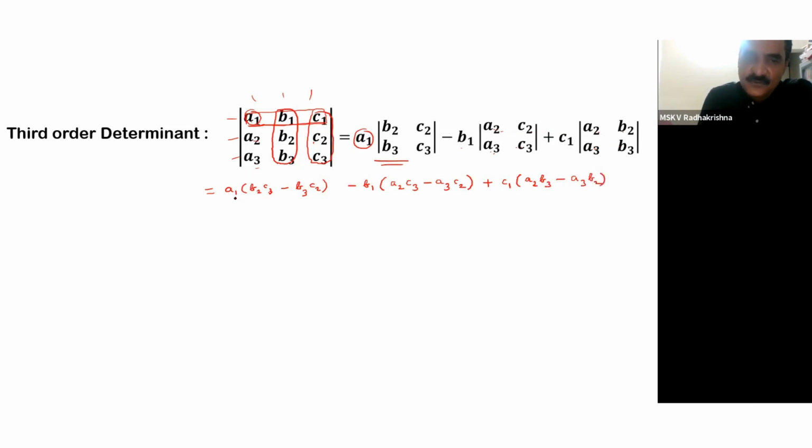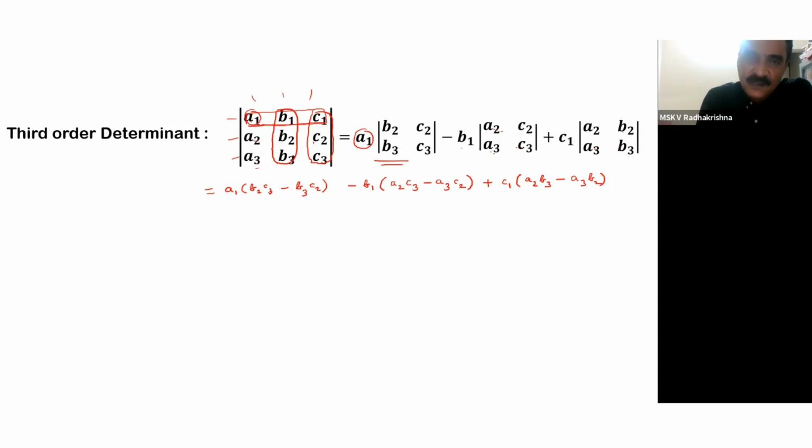So by calculating this expression, you will get the value of this determinant. The value of a determinant is always a number. This is the method of calculating the determinant using first row.